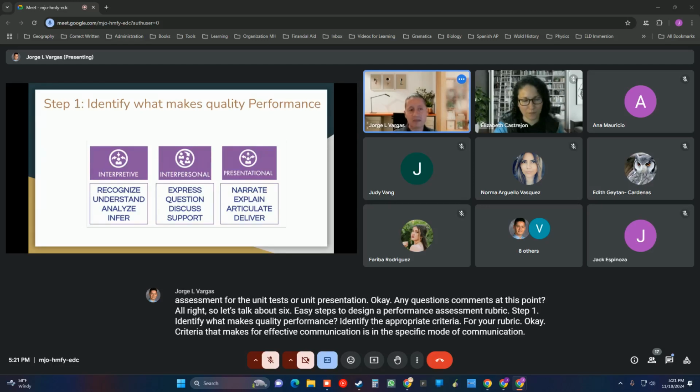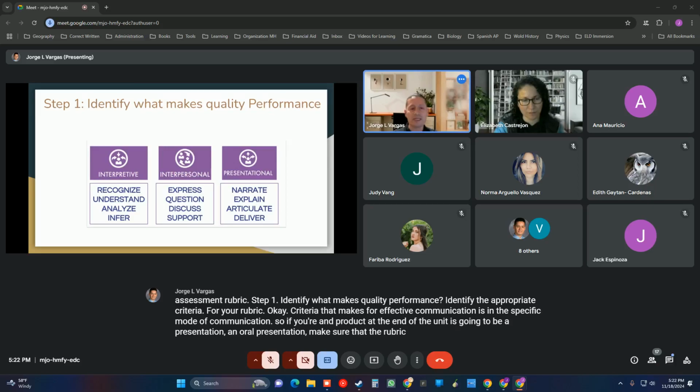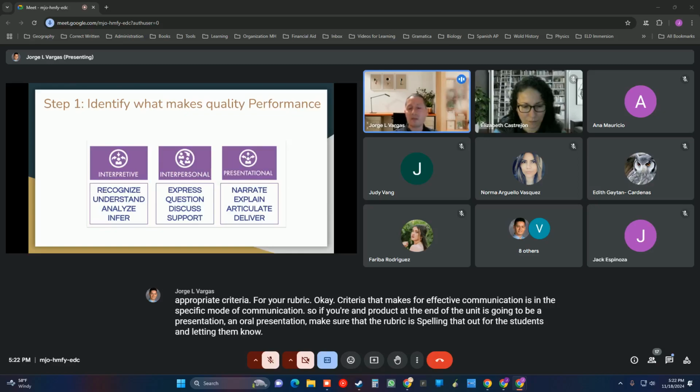If your end product at the end of the unit is going to be an oral presentation, make sure that the rubric is spelling that out for the students and letting them know what the criteria is going to be, what are the elements that they're going to be assessed on.